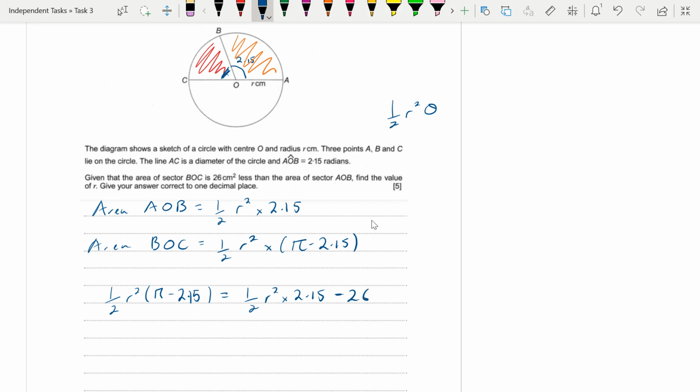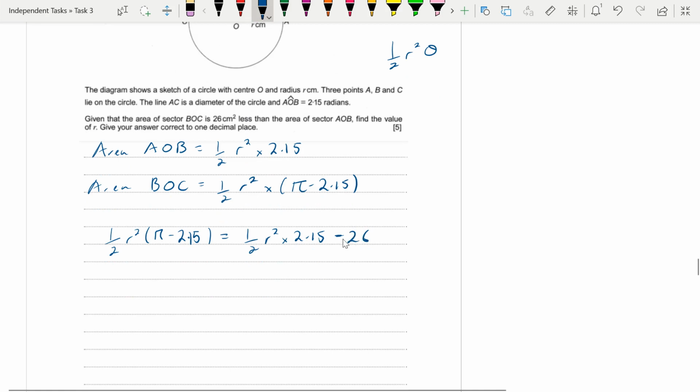Now I'm going to spend time now and rearrange and solve this. So I'm going to add 26 over to the left, and I'm going to move this term on the left over to the right. So I've got 26 over here, and over here I've got a half r squared times 2.15, take away a half r squared times pi minus 2.15.